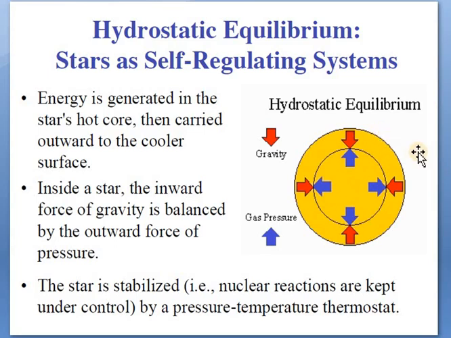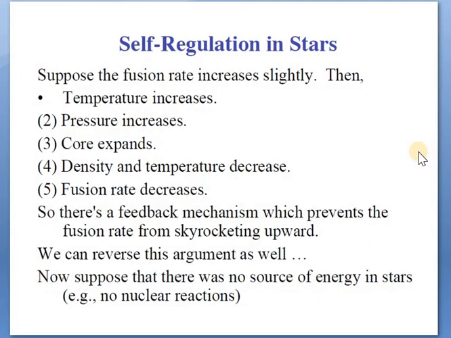I will show you this in a few minutes. So basically we have a self-regulatory feature in the star. Let us check this in a little more detail. Suppose the fusion rate due to the nuclear reactions increases slightly. Then what will happen? Because of the increased rate, the temperature will increase.